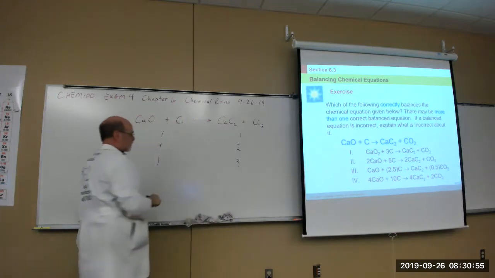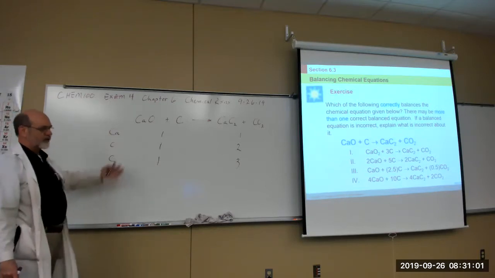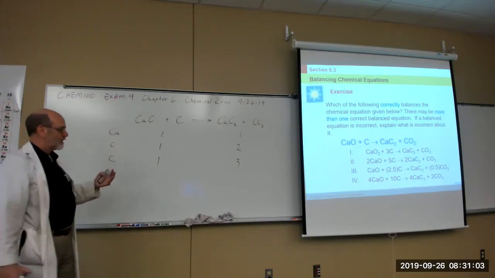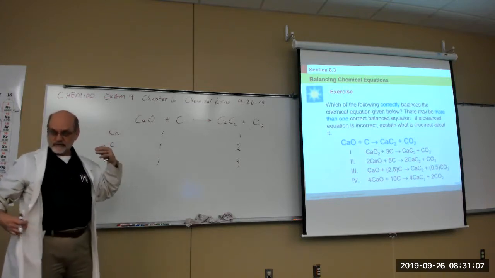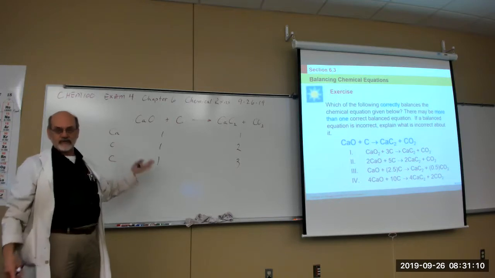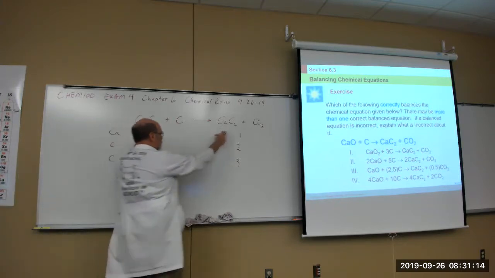Okay. So this way, you know where the imbalance is. And as we balance the equation, go through the steps, we're going to change these to reflect the amounts that we have after the change. So when you get finished, these numbers should be equal.